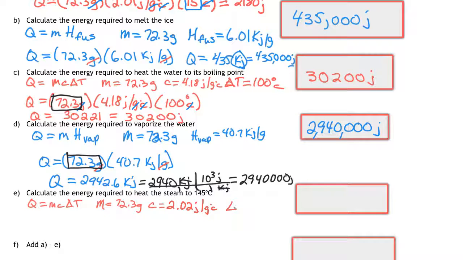And then my delta T, I'm going from 100 degrees, where I left off with the other problem, to 145. So my delta T is going to be 45 degrees Celsius. Put this all in the formula.